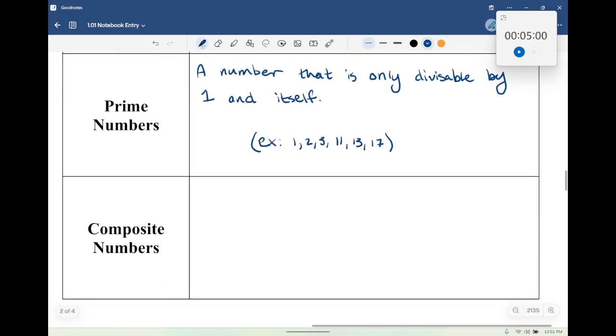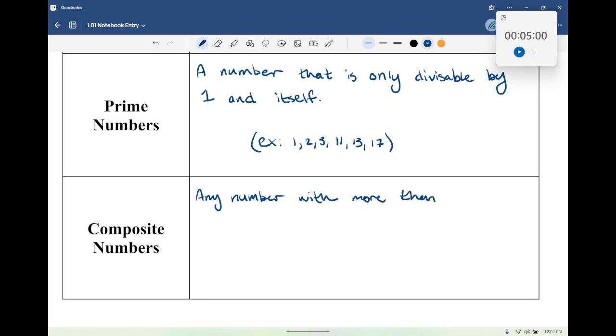Now, that really brings us to composite. Whole numbers are either composite or they are prime. They are never both, and they are never neither. And so composite numbers are just any number with more than one factor pair.